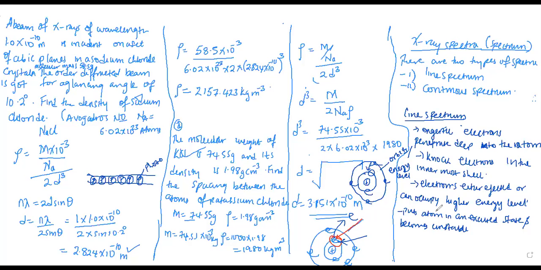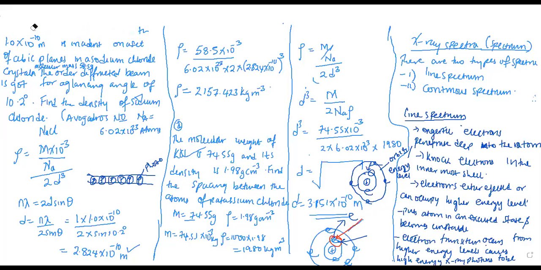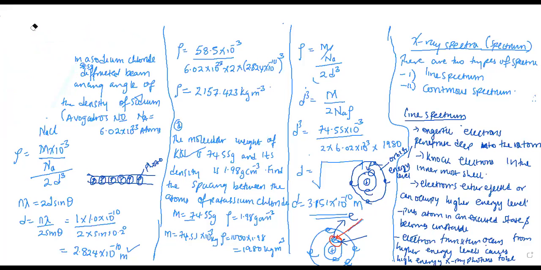So the atom becomes unstable. Then you can say electron transition occurs from higher energy levels and causes high energy X-ray photons to be emitted of definite wavelength.